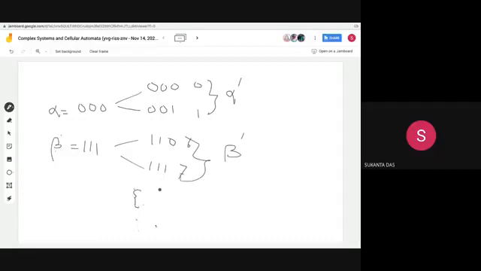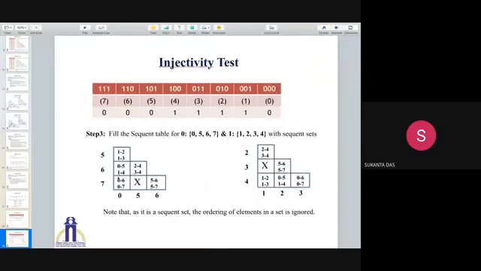And what we'll have is the sequence set 0 and 7, 0 and 6, because for these neighbor configurations 0 and 6 both give 0 against rule 30, and here 0 and 7. You can see 0 and 6, 0 and 7. Consider step 2 or step 3.